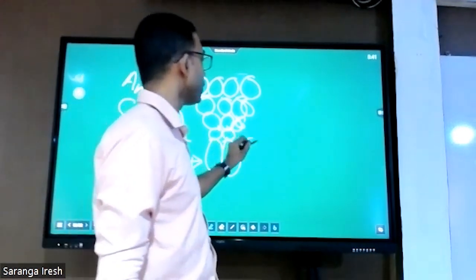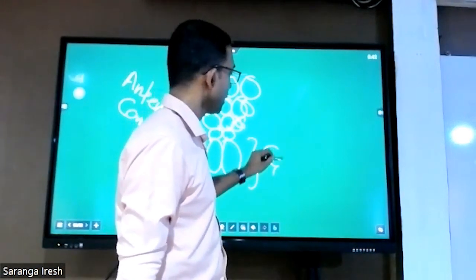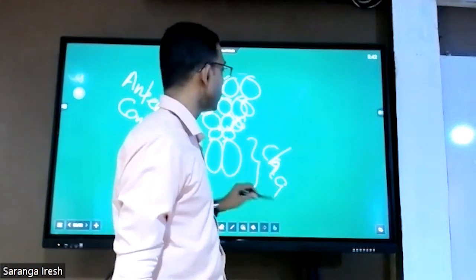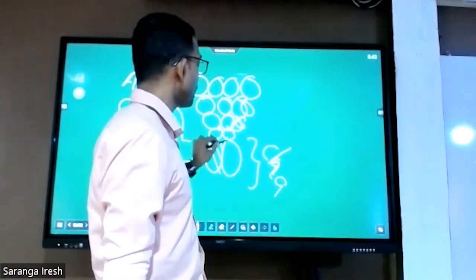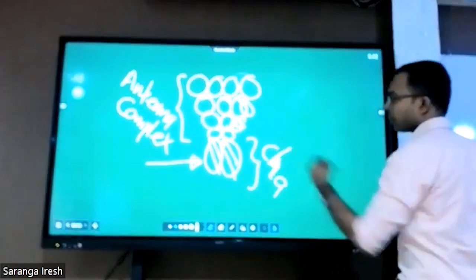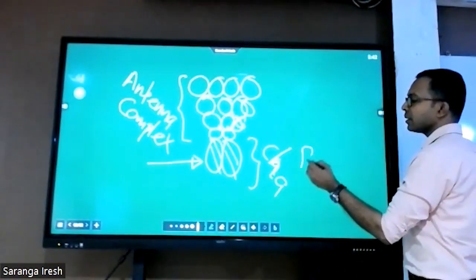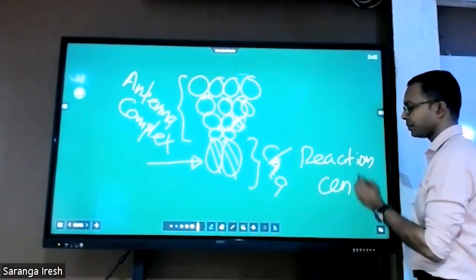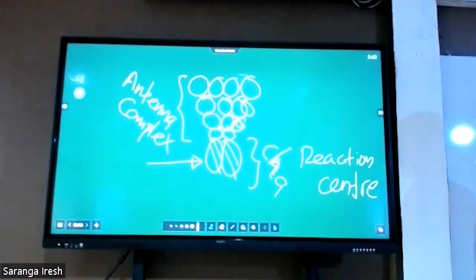And the arrangement of chlorophyll A, two chlorophyll A molecules, is called a reaction center.